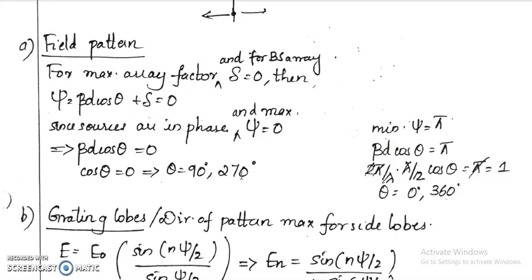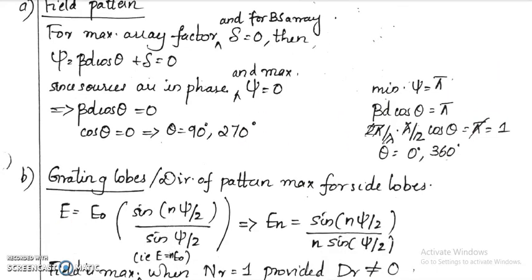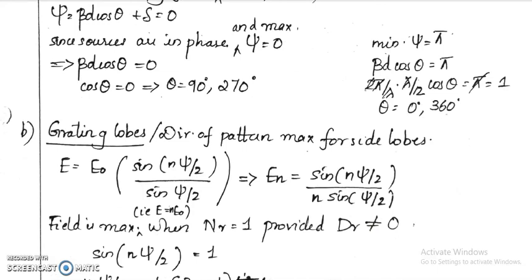Next we want to find the grating lobe. What is meant by a grating lobe? That is a side lobe with magnitude similar to that of the major lobe. That is a grating lobe. We know that the normalized electric field intensity En is equal to sin(n psi by 2) divided by n sin(psi by 2).